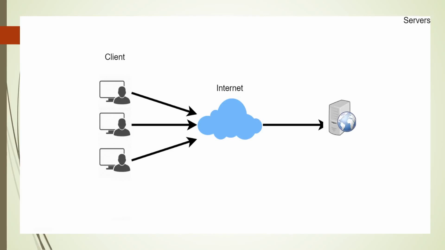Because this server was earlier configured for four or five clients, and later on in future the number of users has increased, all those users will use more resources of the server.